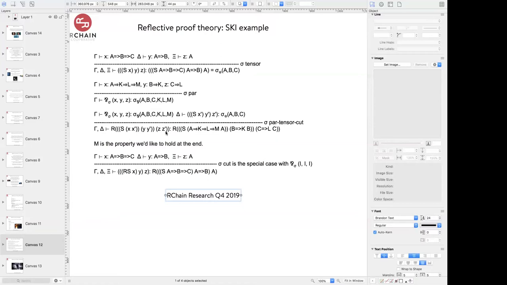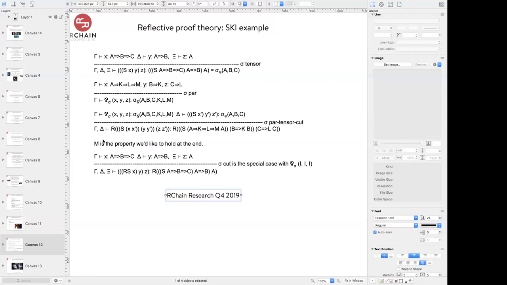So it's basically zippering S along these two, and you'll note that because of the way this is constructed, all computations will terminate with whatever property M holding, and M we get to program in. So it could be deadlock freedom, it could be just basic termination. Any of these things, M will be the property that happens at the end of a cut elimination procedure. When the proof is cut free, then M will hold.